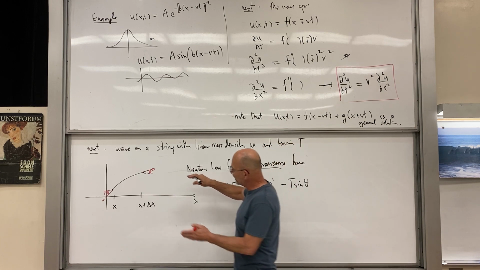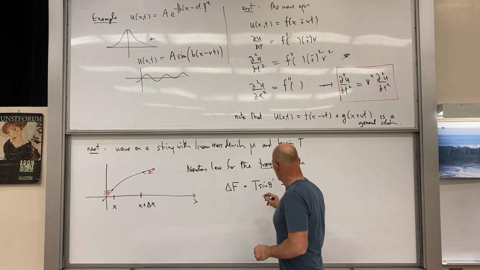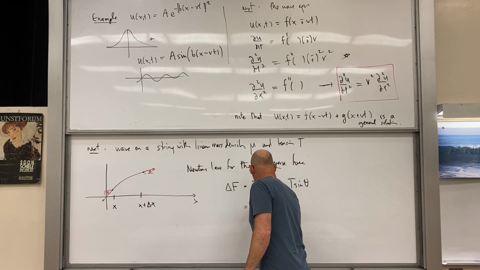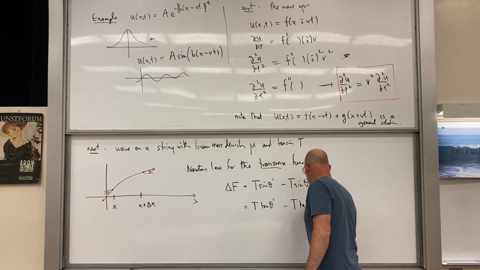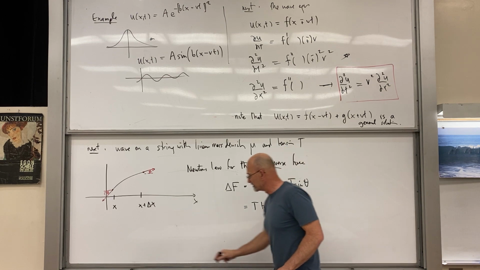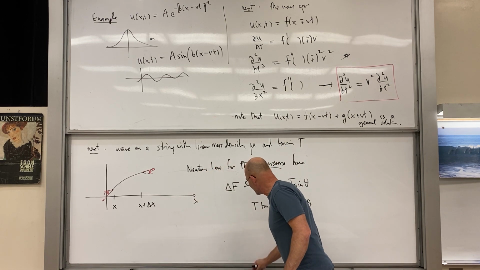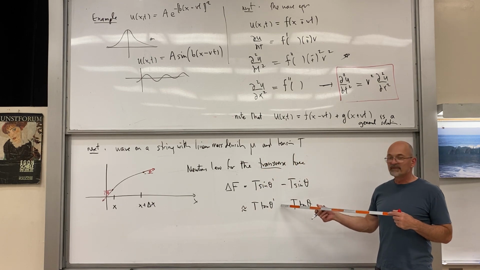Now, if we keep the amplitudes and the angles small, we would have T tan theta prime minus T tan theta. So small angle approximations. And of course, this can be thought of as the derivative, the slope.